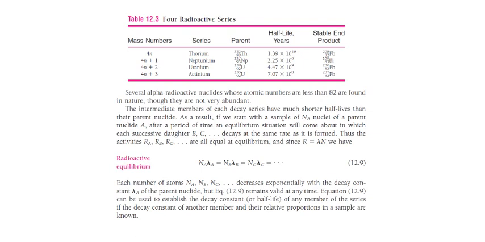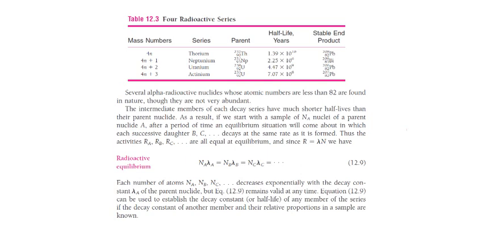So we see that if we take Na nuclei of a parent nucleus A, after a period of time there will be an equilibrium situation where there are successive daughter nuclei B, C, etc., and finally they end up with the stable product.